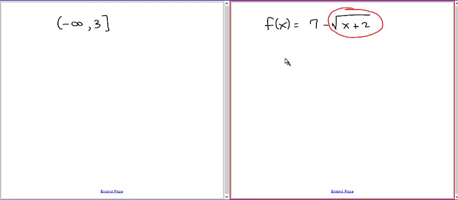So again, I would say x plus 2 has to be greater than or equal to 0. So x has to be greater than or equal to negative 2 for the domain. So we do this as square bracket, negative 2, comma, positive infinity, curved bracket.